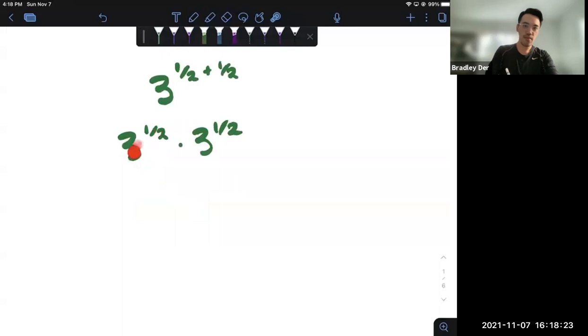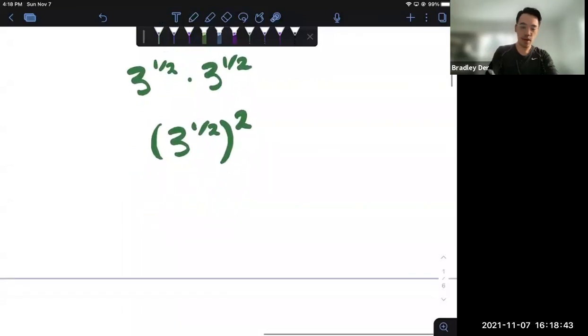Now I have one thing, and I'm multiplying that thing by itself. These are the same factors being multiplied together, and what do we have in our prior knowledge that describes that? That would just be a square. So really, we have 3 to the 1/2, and we're multiplying it by itself, so that's just the square.